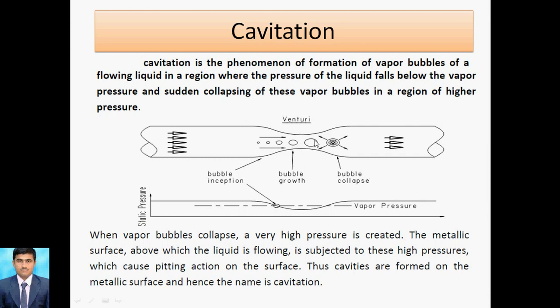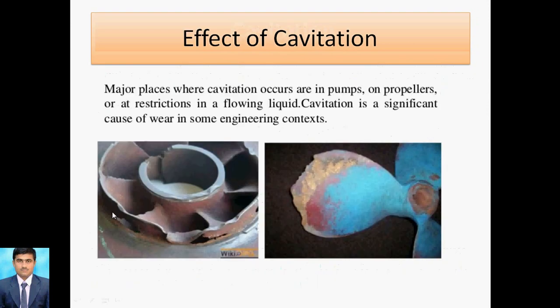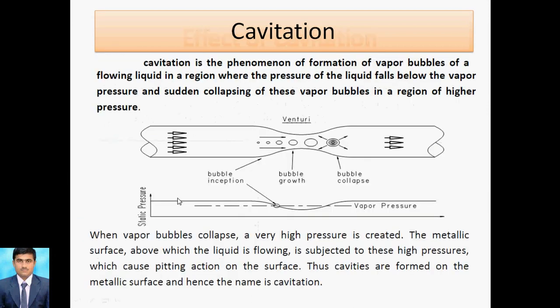It causes a pitting action, where the collapse produces higher pressure, and therefore the metallic surface will wear out. Here the effect of cavitation you can see easily, and that effect is called cavitation.